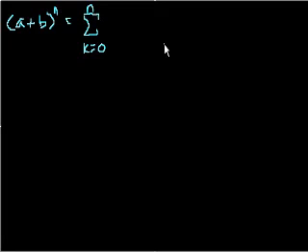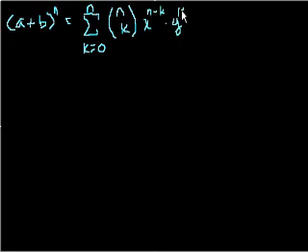This n is the same thing as that n, of each term is n choose k, right? We're going to keep incrementing k up from 0 to n, of x to the n minus k times y to the k. I know that looks complicated, but if we do a couple of concrete examples, I think it should make a reasonable amount of sense.